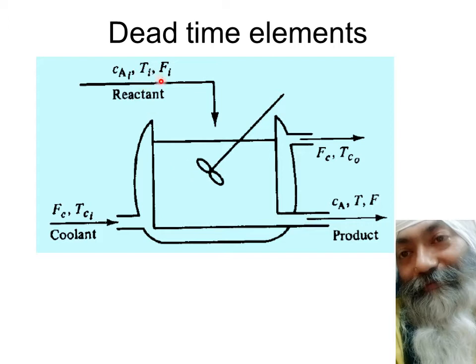But in this case, whatever goes in remains in this tank: A gets converted into B, and B probably into C, and the mixture of all three gets out from here. So the reaction is taking place. This is slightly more complicated, because with a reaction the things change in a different manner than in a simple continuously stirred tank heater.